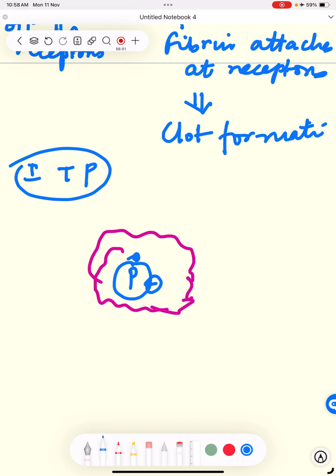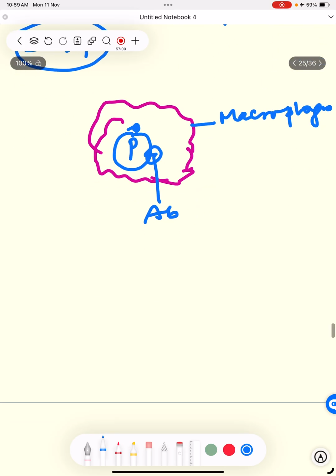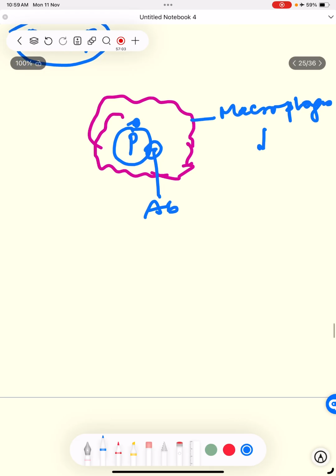So this is the antibody and this is the macrophage. So platelets are engulfed by macrophages and then they are destroyed in the spleen. Obviously with that you can understand that the treatment has to look after macrophages in order to prevent them from engulfing the platelets, and then sometimes even splenectomy has to be done.